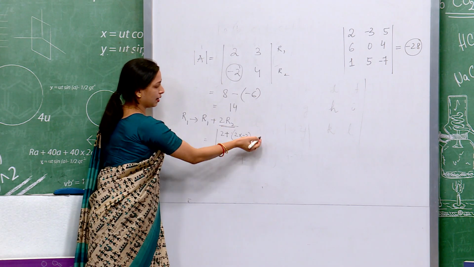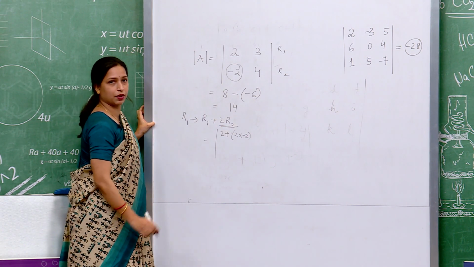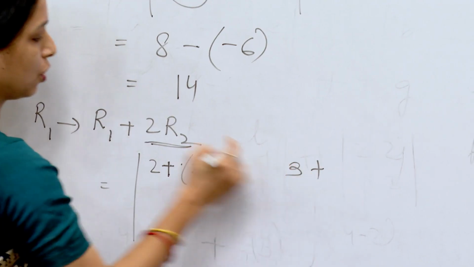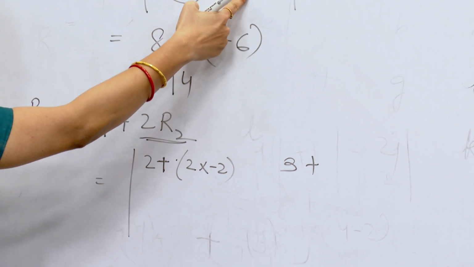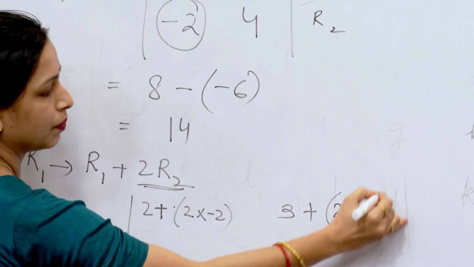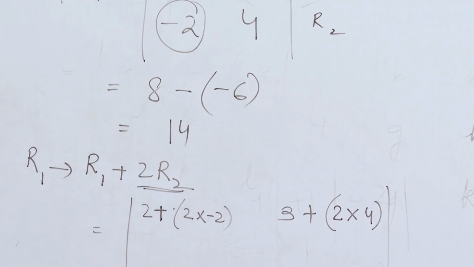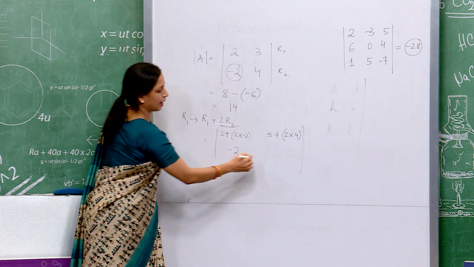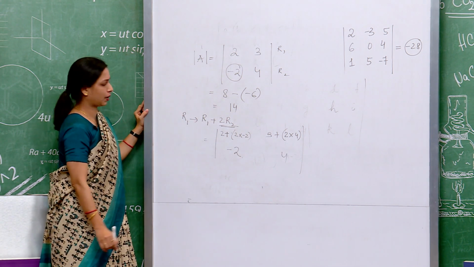Again, the next element of the same row, 3. So, we write 3 plus 2 R 2, the element is 4. So, it will be 2 into 4, right. Row 2 will remain the same, that is minus 2 and 4. Okay.